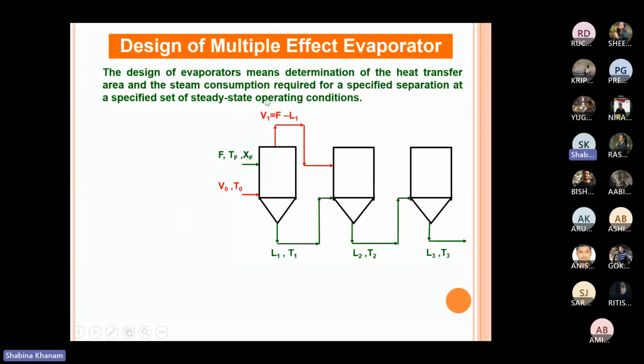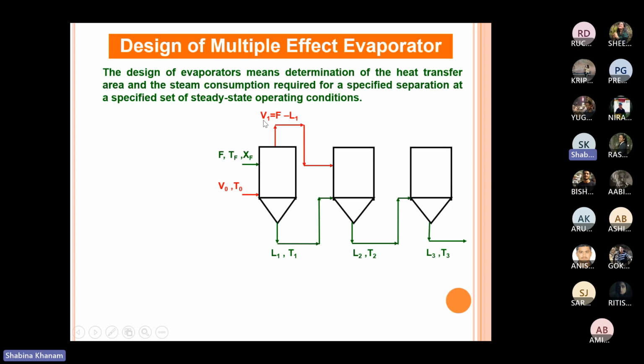So you can make the mass balance over here, V1 should be equal to F minus L1, to reduce the parameters. Because L1 you are considering over here and here as well. So if you consider V1, F is usually known, so only L1 would be the parameter.